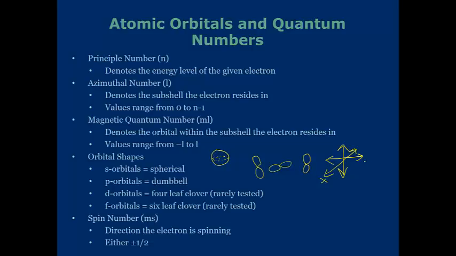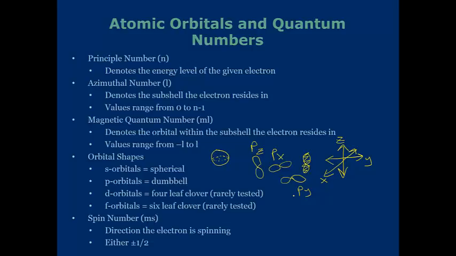So if I have x, y, and z, I would respectively have pz, px, and py. So those are the 3 shapes you'll see for p orbitals.